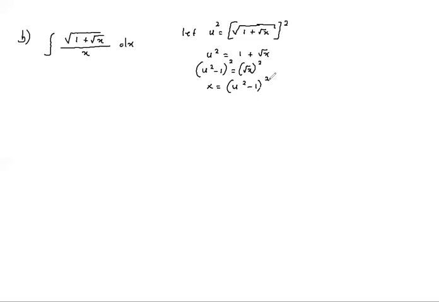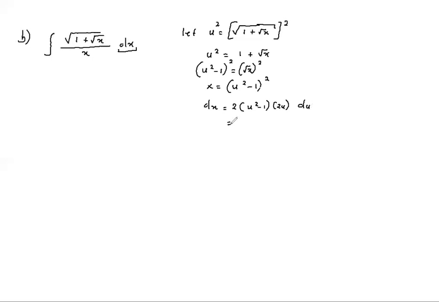So you can differentiate it. When you're looking for the substitution there, you've already found x. Now what about dx? So we differentiate x with respect to u. So you get 2 times u squared minus 1, multiplied by 2u du.